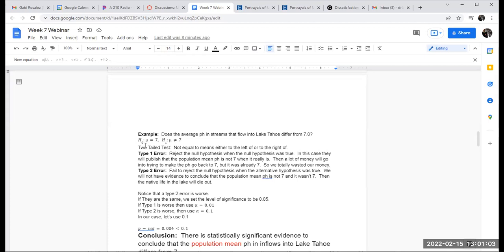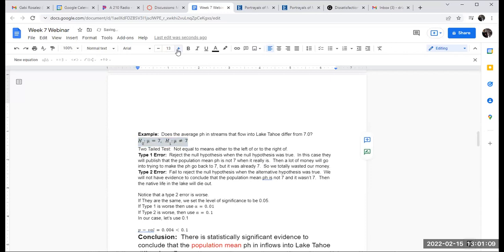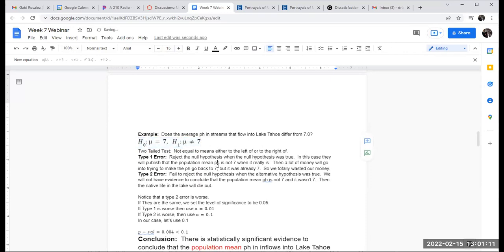So H naught is, notice this is a mu and not a P, because if we're talking about a mean, we're talking about the pH is a number. It's not a yes, no, it has pH. It's a, pH was 6.1 or something like that. So mu equals 7 and H1 mu not equal to 7. Any questions on that? Okay, so this is a two-tailed test because it's a not equal to.